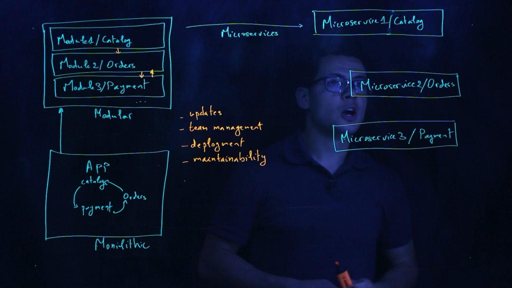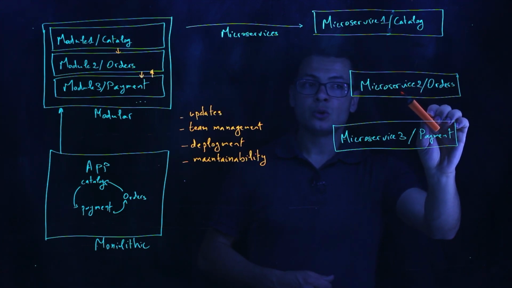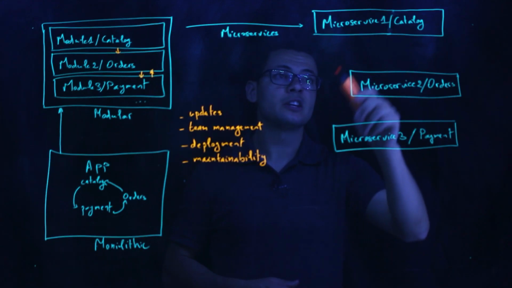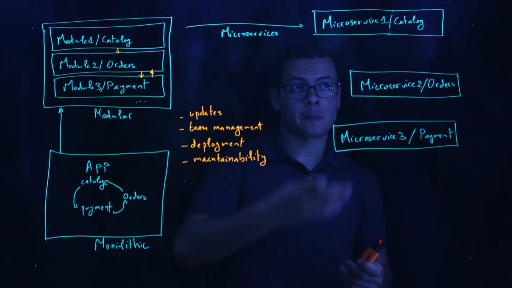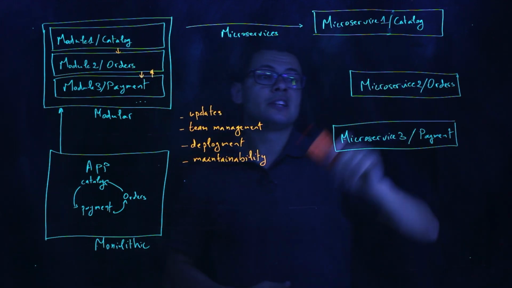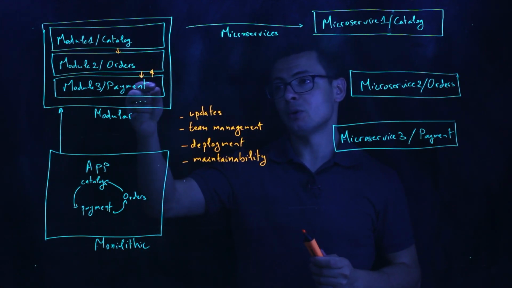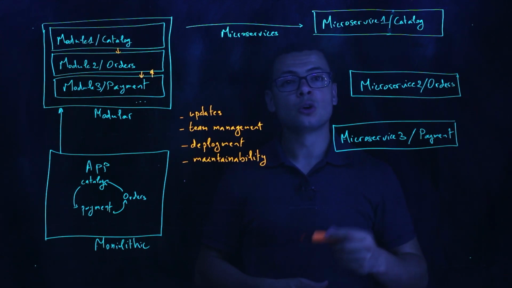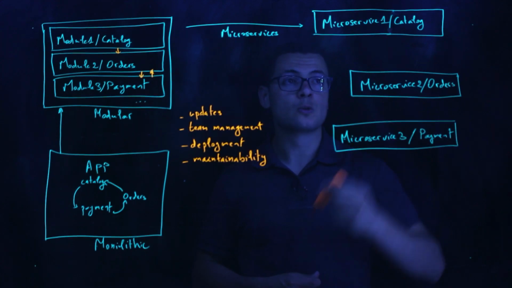But here, microservice number 2 might be running in another region. It might be running in a different application server. So to reach that microservice, we cannot do in-memory calls. Instead, we'll go through the wire, or through the network.